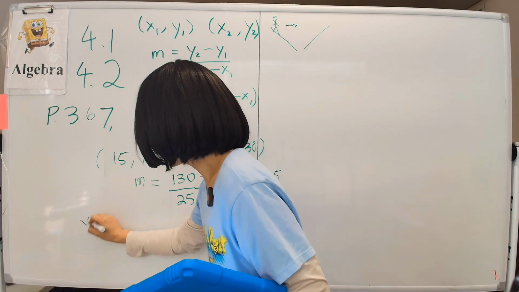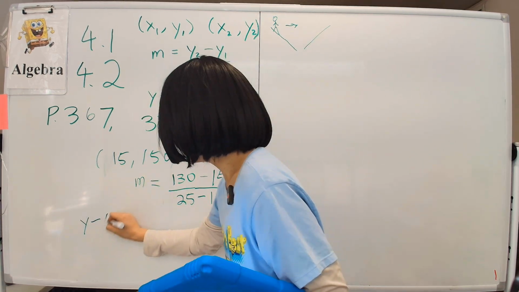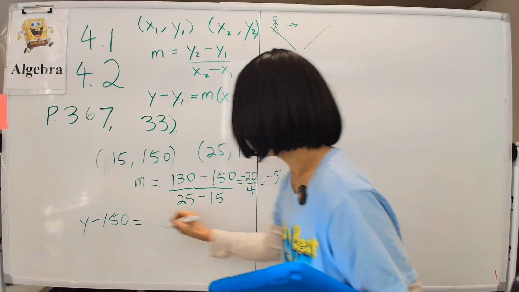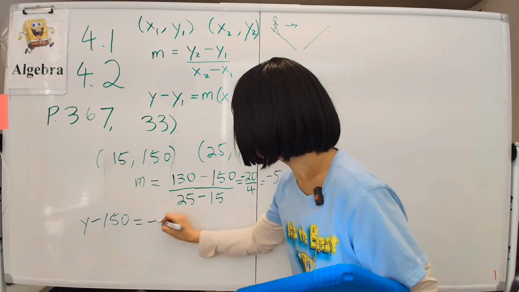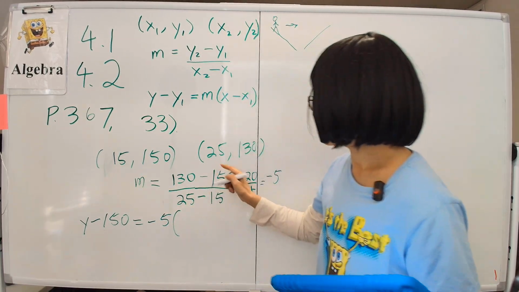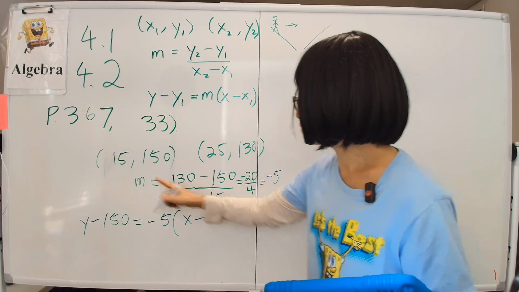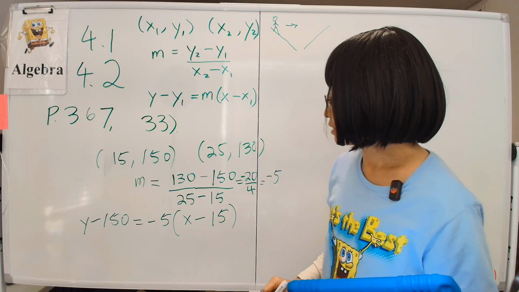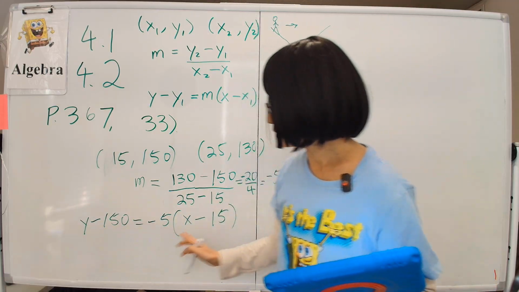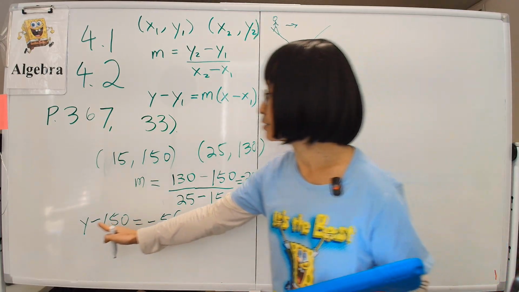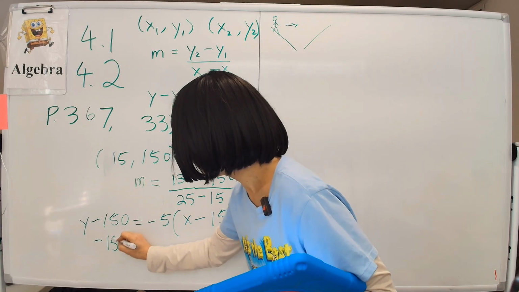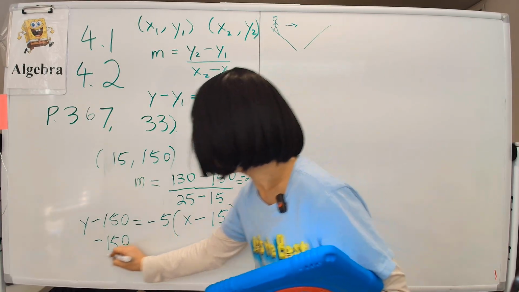y minus y1, which is 150, following this equation right here, equals m, which is minus 5, times x minus x1, which is 15. Now we need to know what value x is when y equals 0. So we write y equal to 0, so we have 150 left, divided by minus 5.